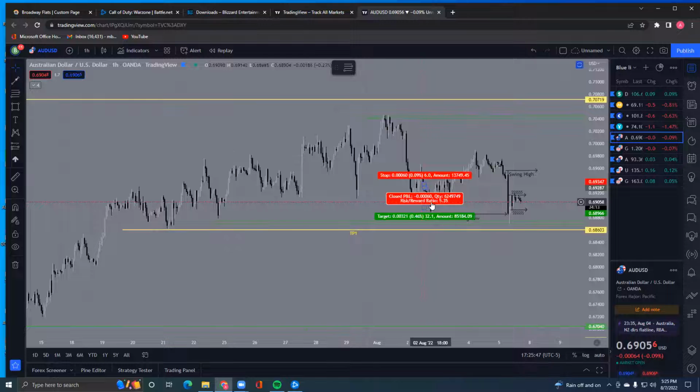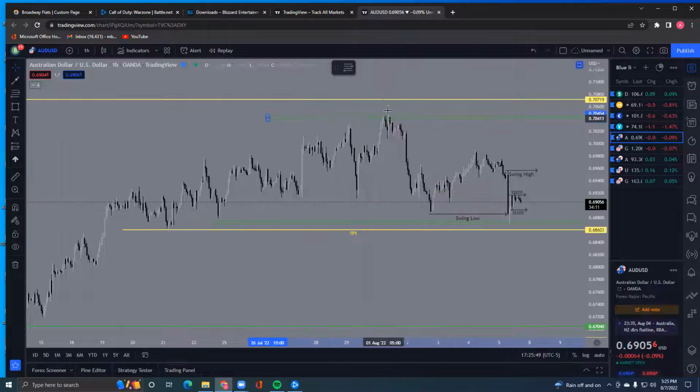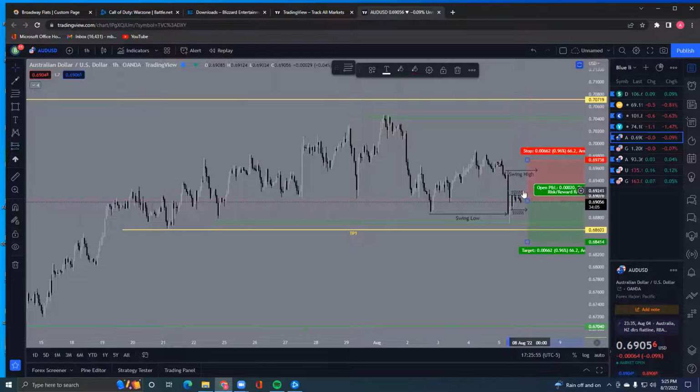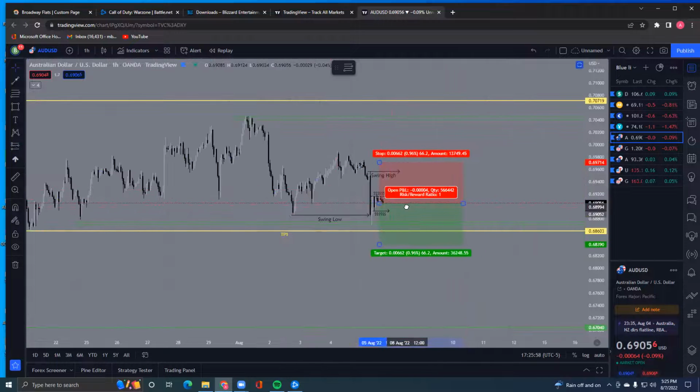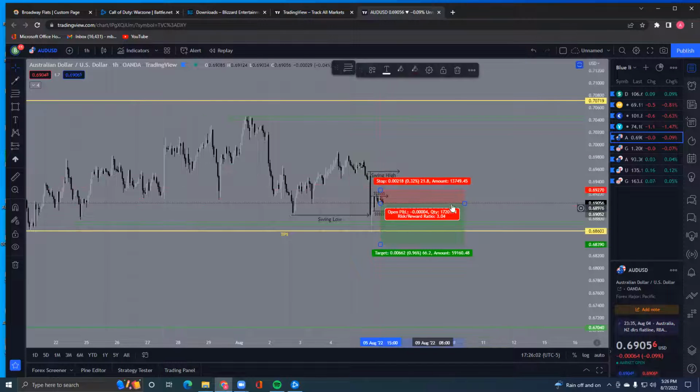I'm going to peel back the layers and just look at the overview. So if I'm looking at market structure here, this is a clear setup for Asia session here. Right. And that's the thing.